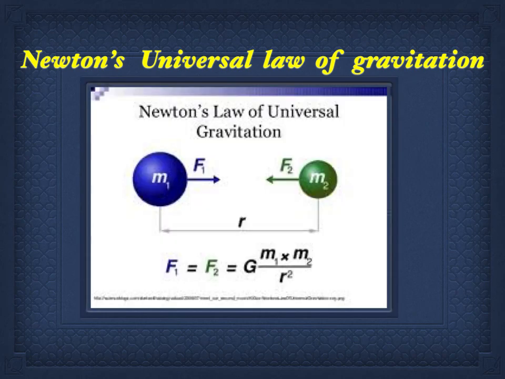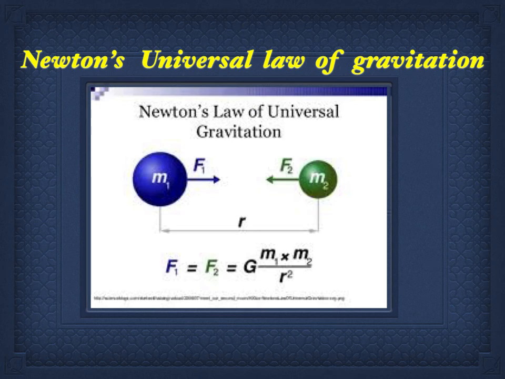Now let's understand this with the help of the picture. In the picture you can see two objects with masses m1 and m2 which are kept at a distance r from each other.